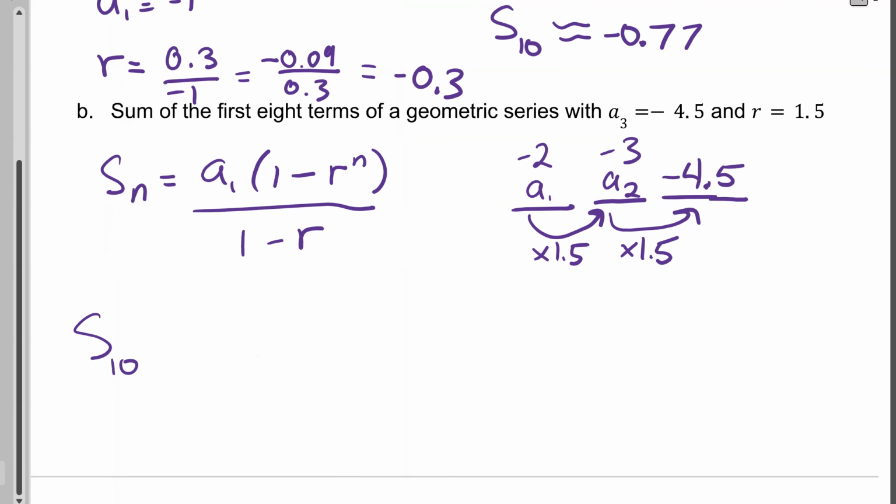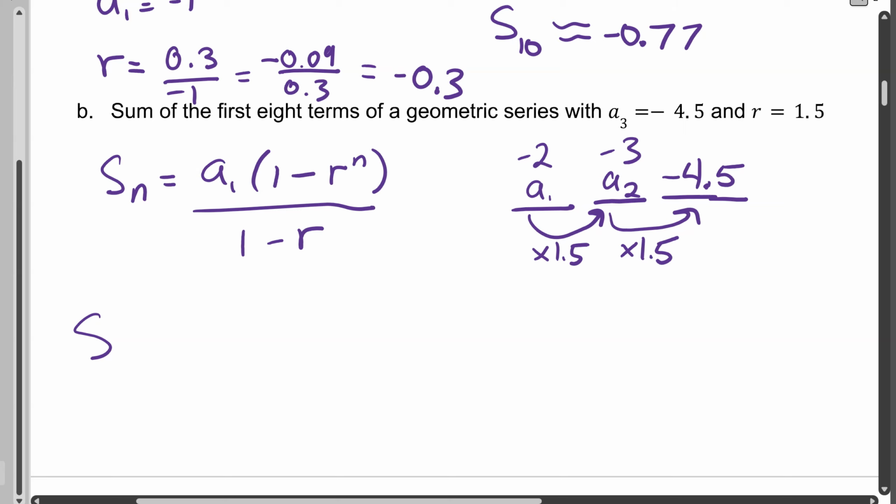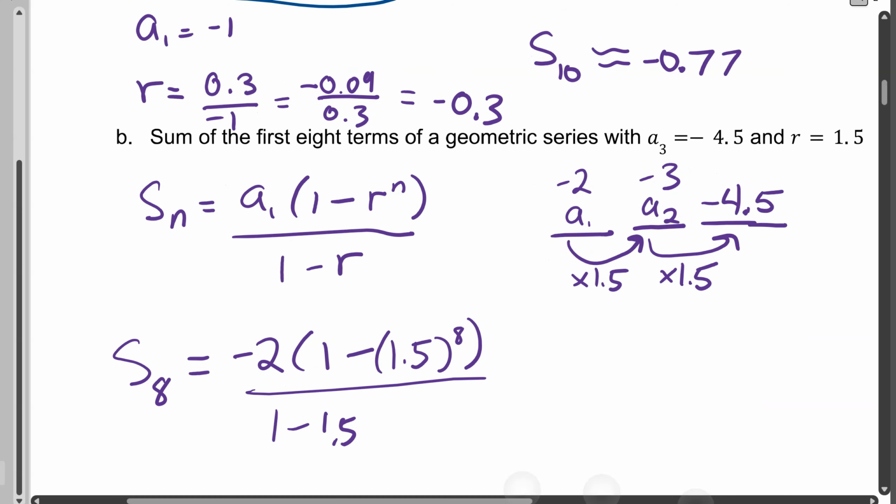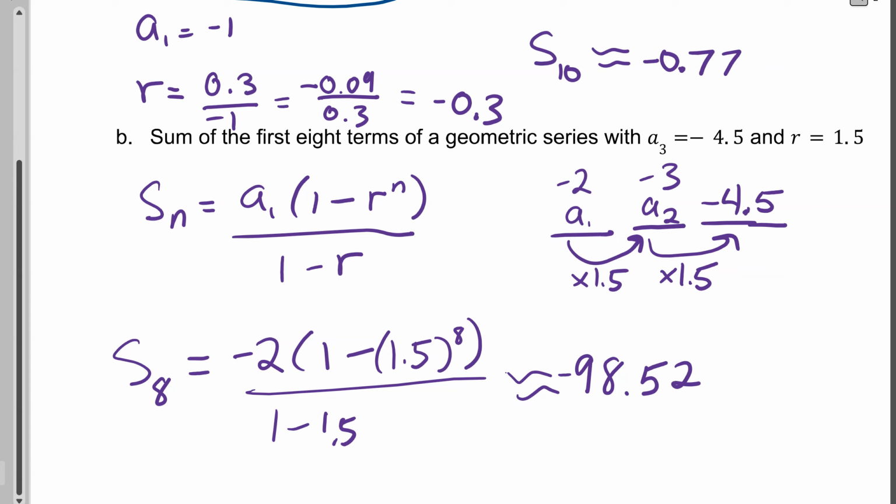So I'm not going to take the time to type this into my calculator, but the setup for this would be the sum of the first 8 terms would be my first term, negative 2, times 1 minus my common ratio raised to the 8th power, divided by 1 minus that common ratio there. And I'm pretty sure if you type this into your calculator, that should be somewhere in the ballpark of negative 98.52.